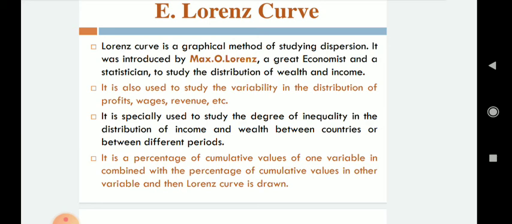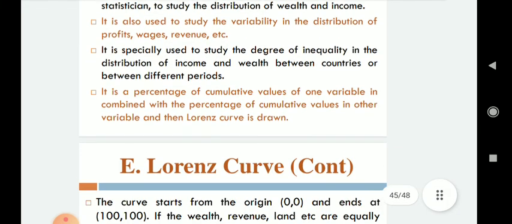It is also used to study the variability in the distribution of profits, wages, revenue, etc. It is specially used to study the degree of inequality in the distribution of income and wealth between countries, or between different classes of the population at the same time in a country, or between different periods of population.